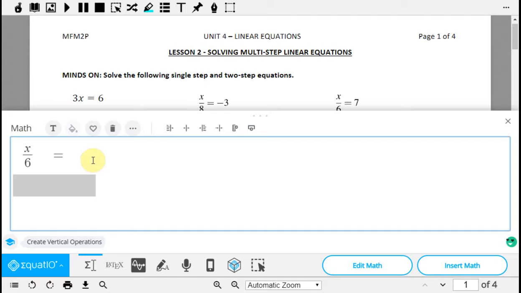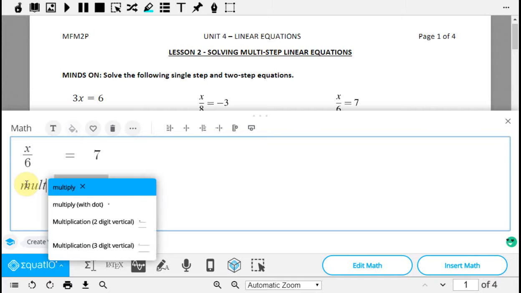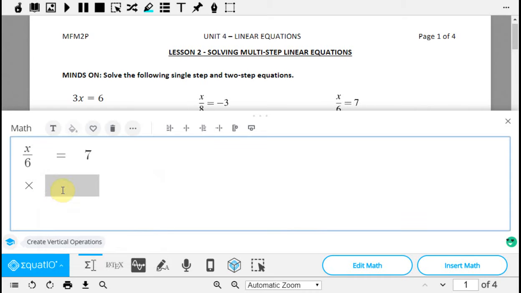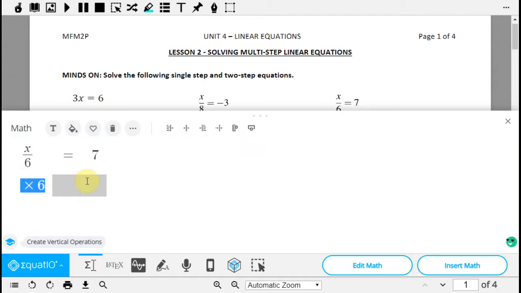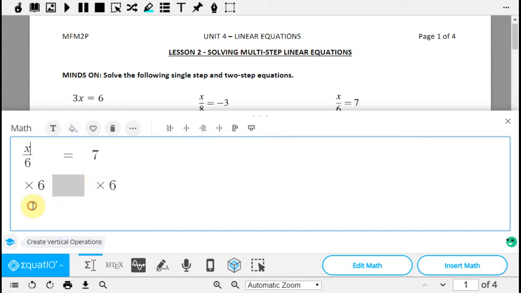So that equals 7. Opposite of dividing by 6 is to multiply. We're multiplying by 6. That leaves us with x, because we're undoing that operation, equals 7 times 6 is 42.